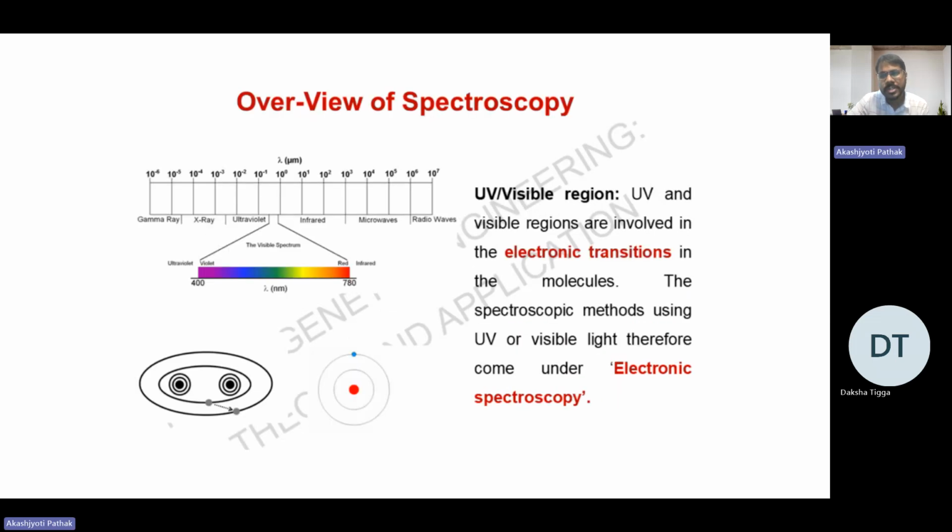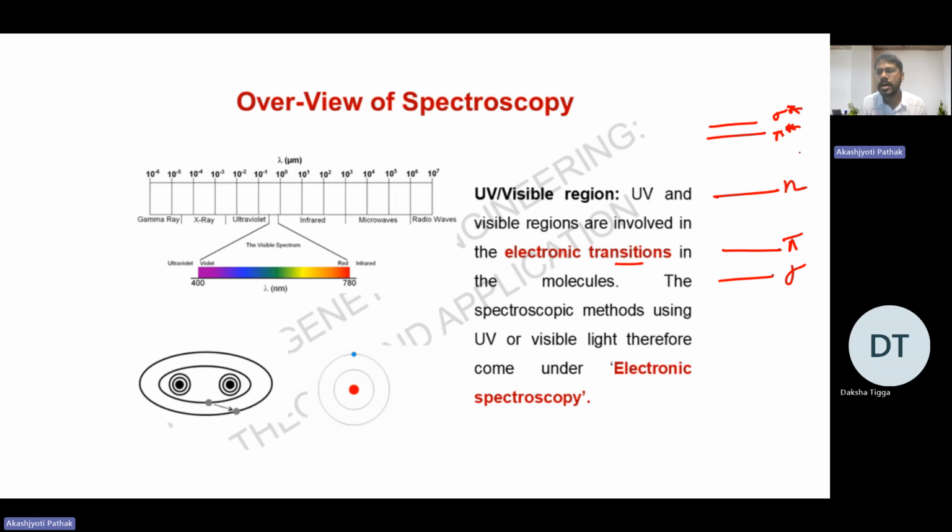You can use the UV visible region for electronic transitions. UV and visible regions are involved in the electronic transitions. A molecule can be arranged in different orbitals, right? So this is n, this is sigma, sigma star, pi, and this is pi star. These are the electronic energy levels in which an electron can be arranged.